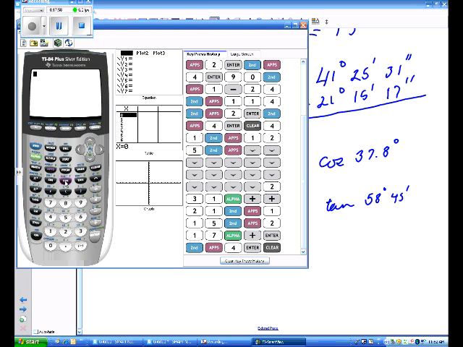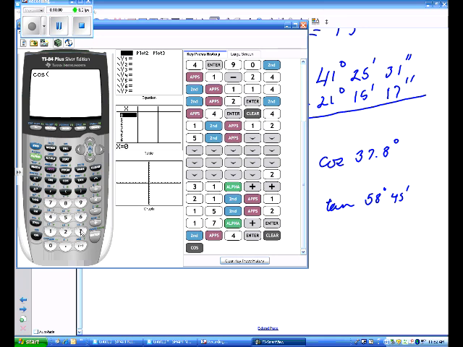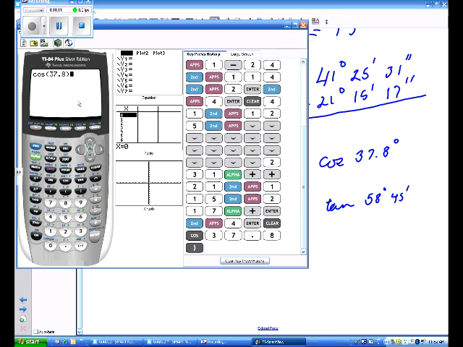Well, it's real simple. We've got our cosine button, and we have 37.8. Now, since we put our calculator in the degree mode, we don't have to put a degree symbol up there. And so we can just press enter, and it will give us the cosine of 37.8 degrees.